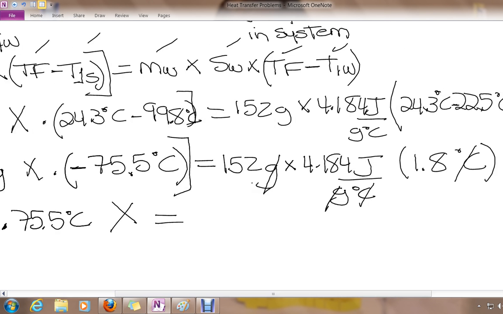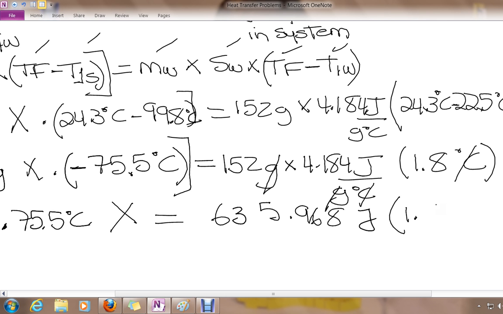We can do all this multiplication. You can do it step by step, multiplying this and this first, which is going to be 635.968 joules.